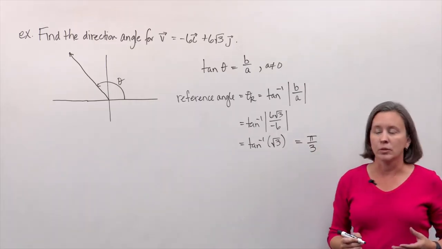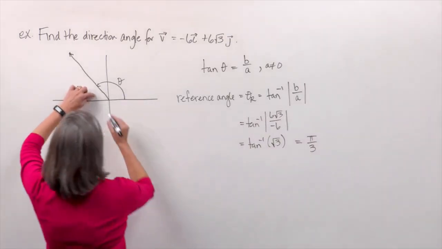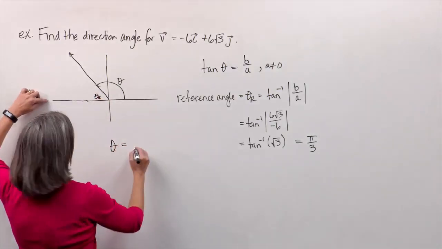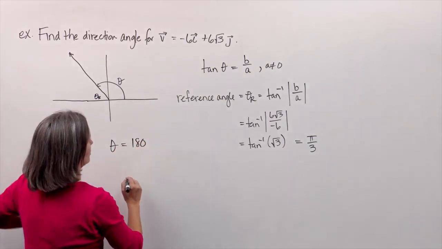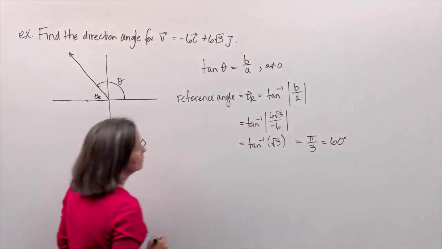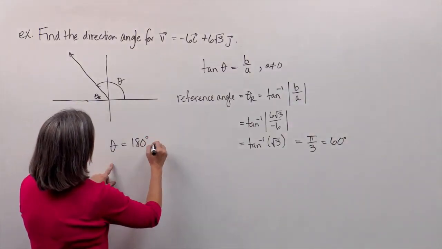Okay. Now, to use this to find theta. The reference angle is here. So theta is 180 degrees minus the reference angle. We should choose radians or degrees. Pi over 3 is 60 degrees, and then we'll write this one in degrees.